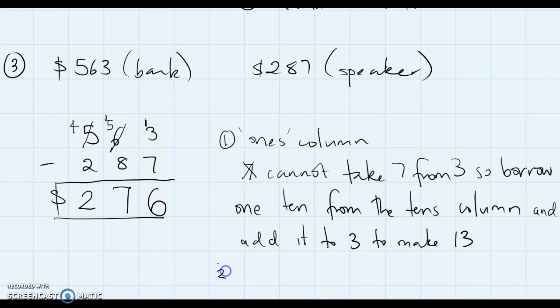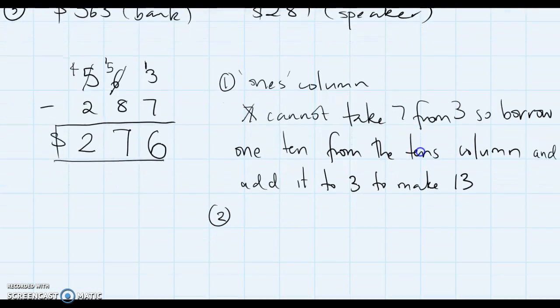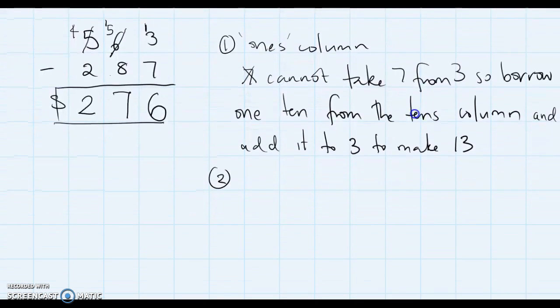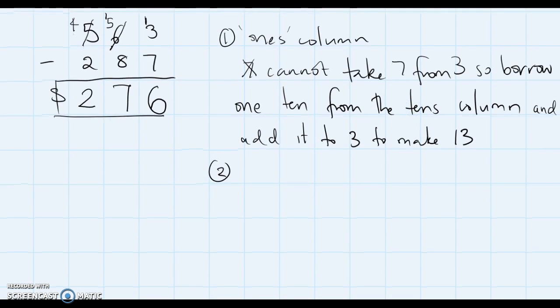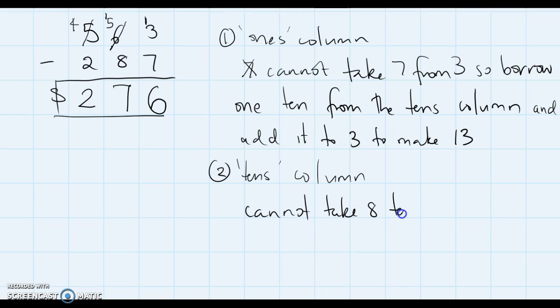Okay, second step. So I can try and put it all in one, to see it. Tens column. It was 5, take away 8. Cannot take 8 tens from 5 tens.